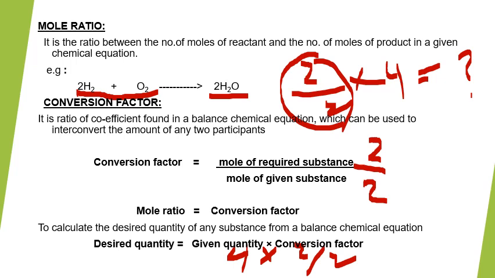So this will give you the desired quantity, that 4 moles of water will be produced when we use 4 moles of hydrogen. This is what we say to construct mole ratios used in the stoichiometric calculations.